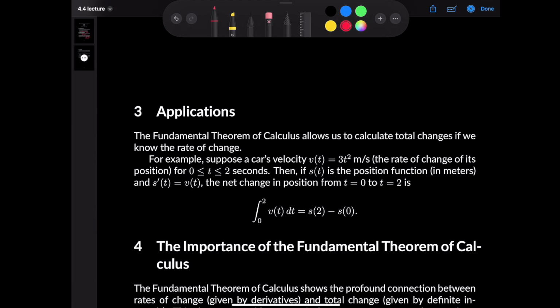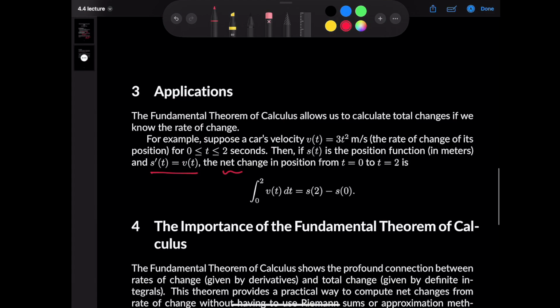So the fundamental theorem of calculus allows us to calculate total change if we know the rate of change. As long as we have the derivative function, we can get the total change. For example, suppose a car's velocity is v equals 3t squared meters per second, the rate of change of its position, from 0 to 2 seconds. Then if s of t is the position function in meters, we know that s prime is v of t.